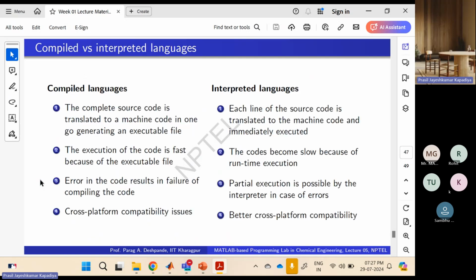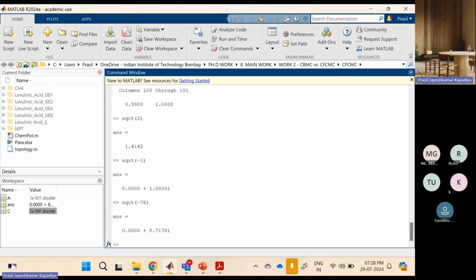So what is the difference between compiled and interpreted languages? We can see it here. In compiled languages, the complete source code is translated to machine code in one go, generating an executable file. While in interpreted languages, each line of the source code is translated to machine code and immediately executed. Let's say I wrote 5 plus 3.